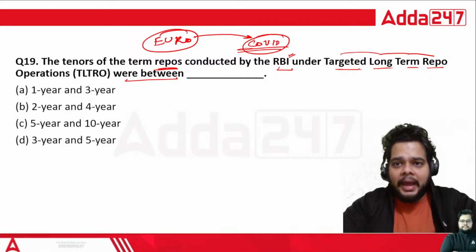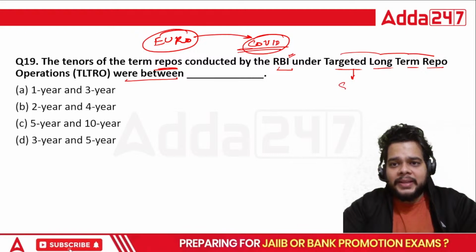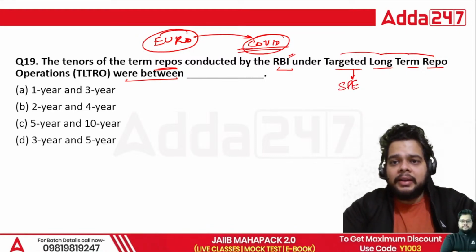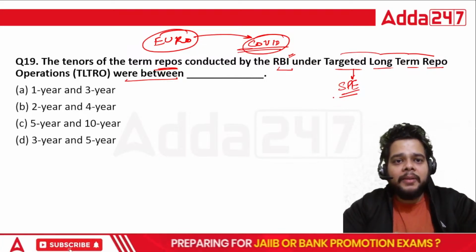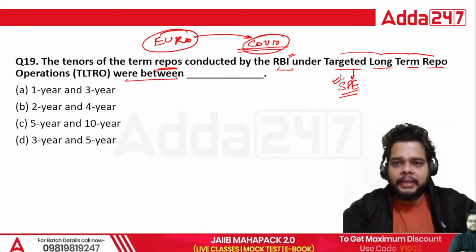So we target certain sectors which have specific needs right now. Specific needs will be determined first by the RBI, and after that the money will be redirected to those sectors. We will be targeting those sectors.